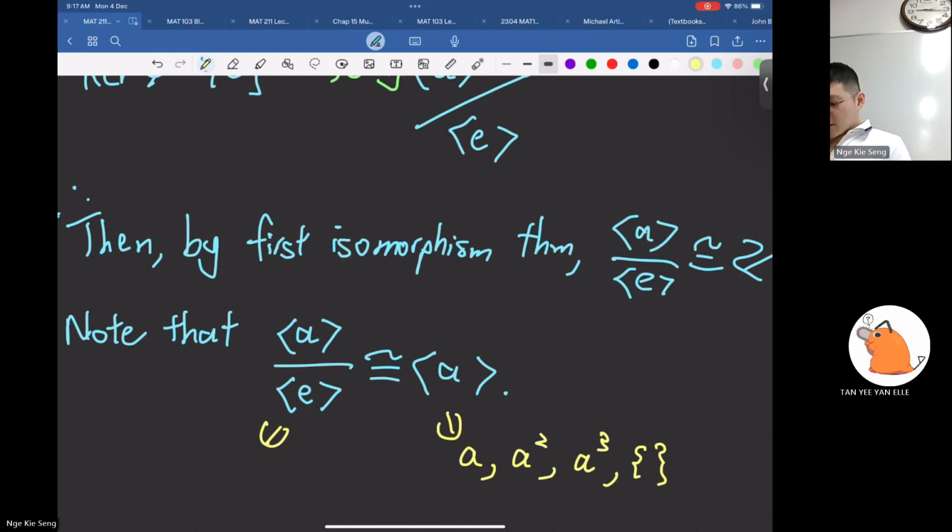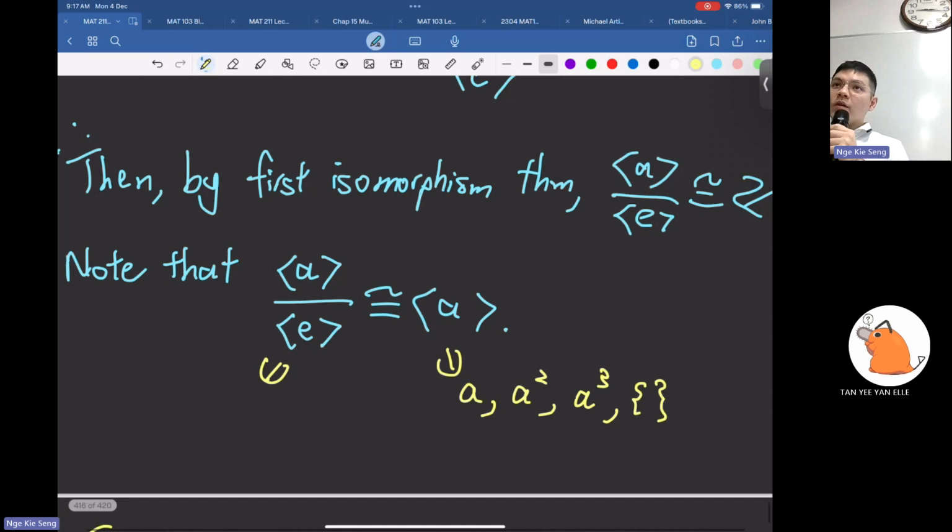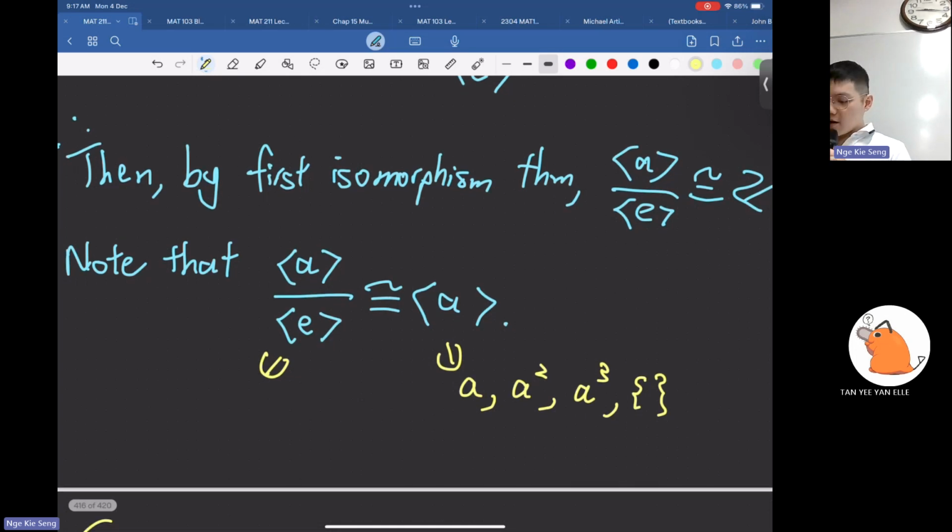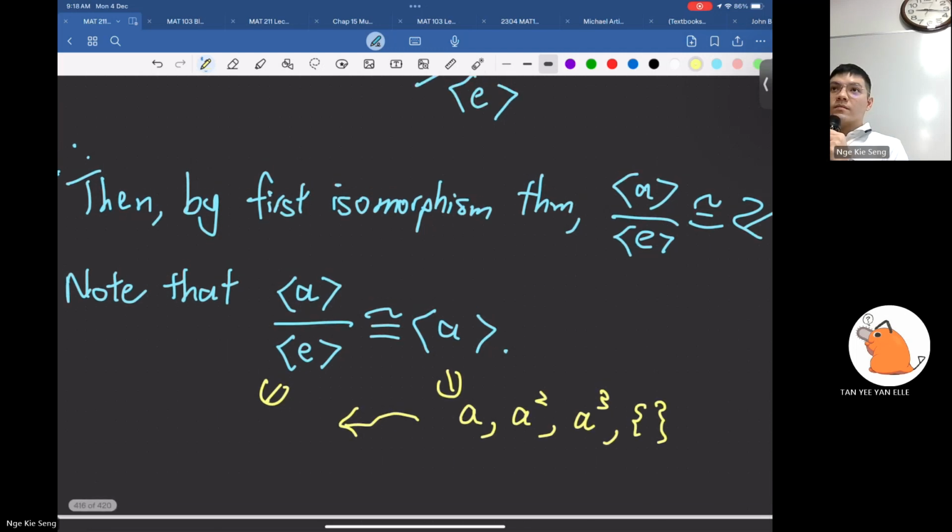Okay. So I said there's an isomorphism, right? So how do I represent this guy in this quotient group? How should I write it down? Anyone have any idea? No? Quotient group by definition is what?